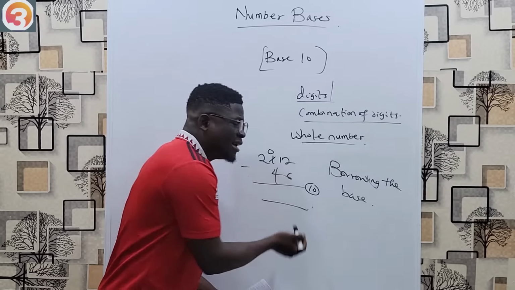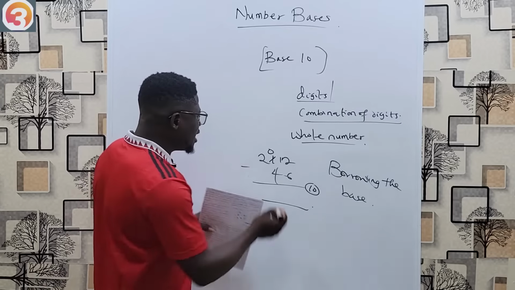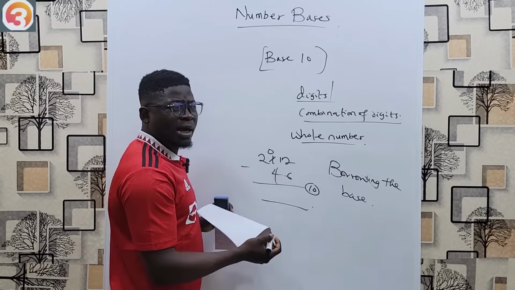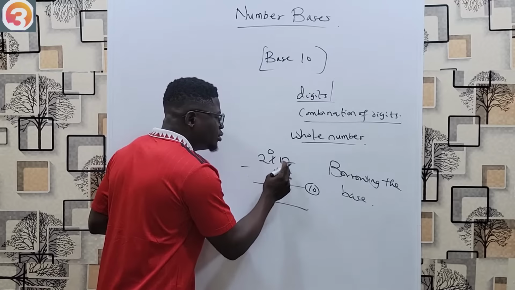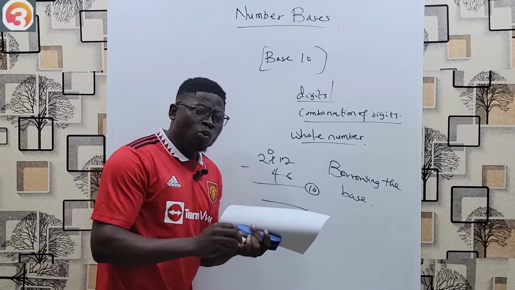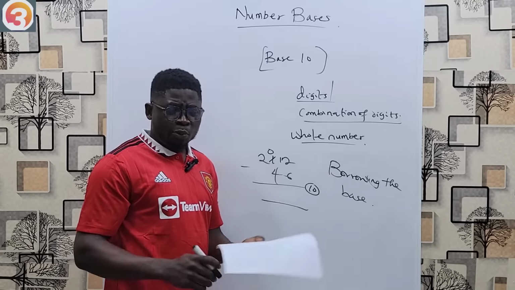So even in our normal addition, it is because it is in base 10 that it is 10 we are borrowing. So when we say we borrow 1 from here, it's not actually 1. We are borrowing 10. We are borrowing the base. So 10 plus 2 makes it 12. That's why we can write 1 in front of 2 and make it 12. I hope you understand.